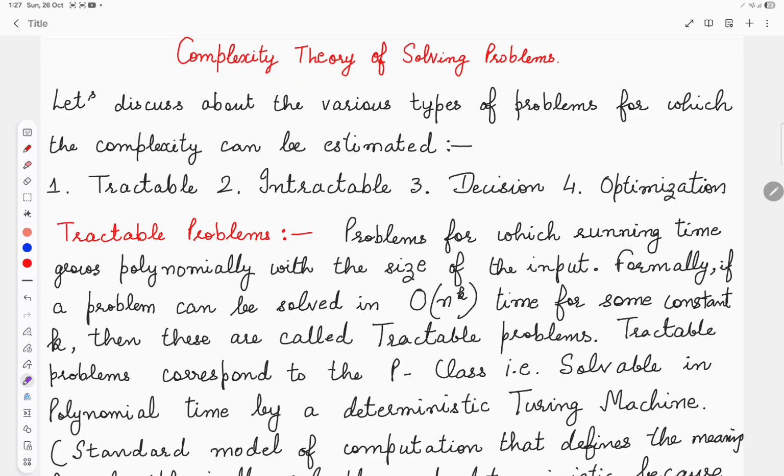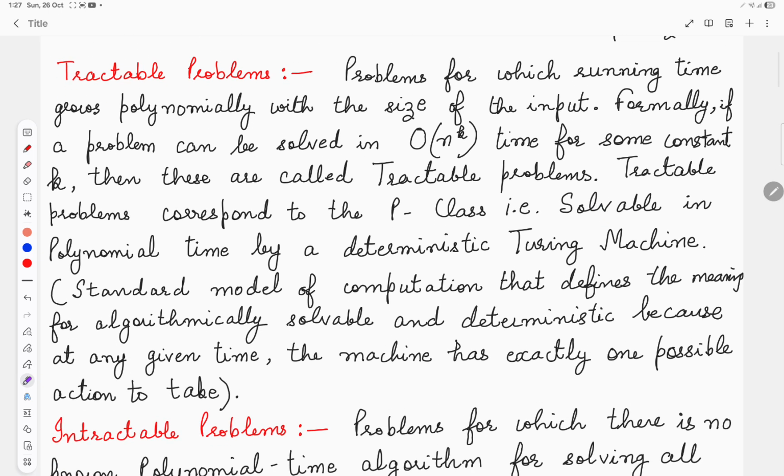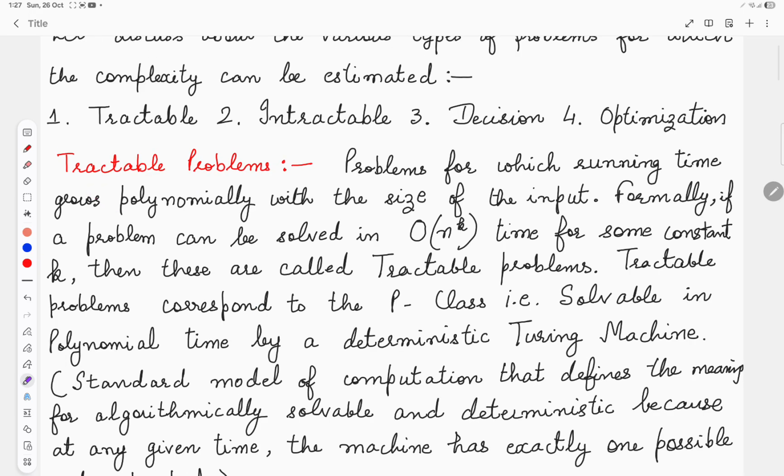There are various types of problems for which the complexity can be estimated. The first type of problems I discuss in this lecture are known as tractable problems: problems for which running time grows polynomially with the size of the input. This word polynomial is very important.